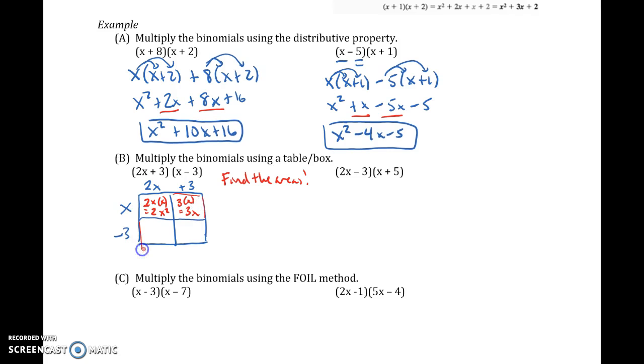This one is negative 3 times 2x, which is negative 6x. And the final one here, it's 3 times negative 3, which is negative 9. If it helps, you can definitely fill out the other lengths. So you can bring the x over here, negative 3, positive 3, and 2x. And again, just look at each box individually. And then we are going to add all the areas.